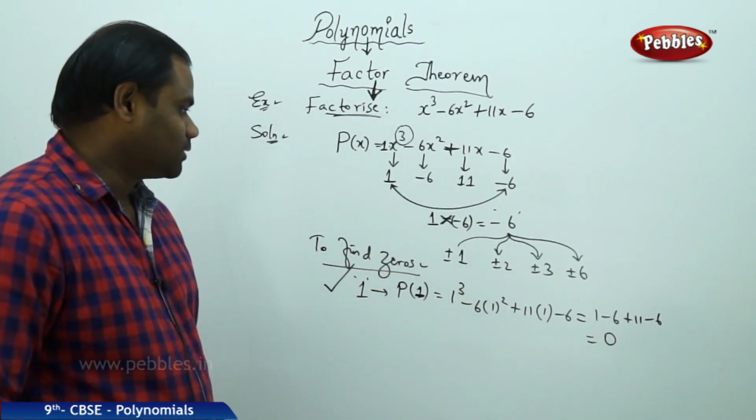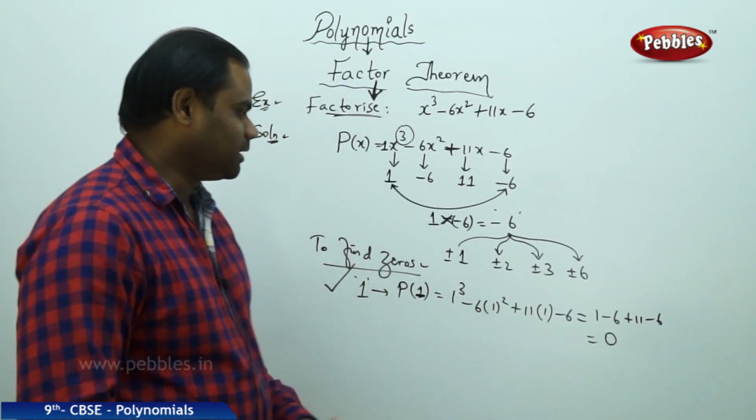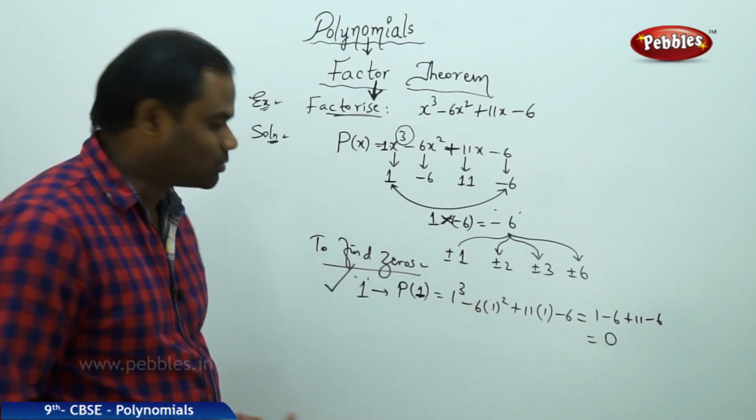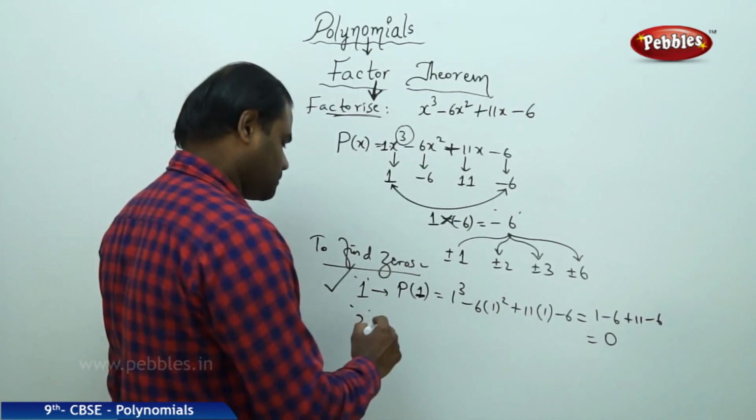Now let's try with the second possible pair of factors, plus or minus 2. So I pick one of the signs, that is plus 2, and see if that is a zero of the given polynomial p of x.